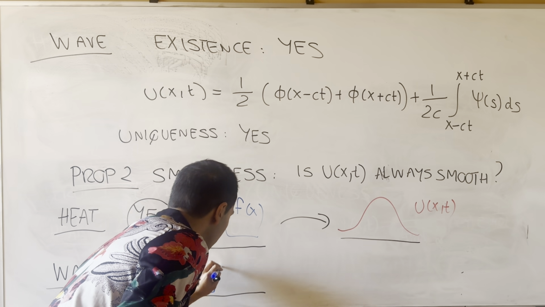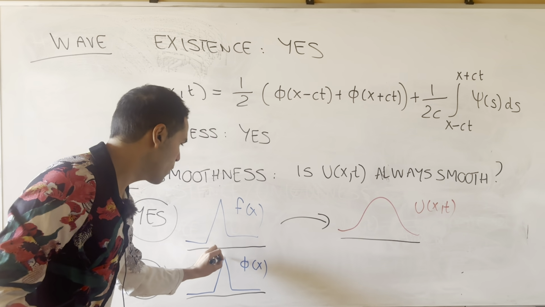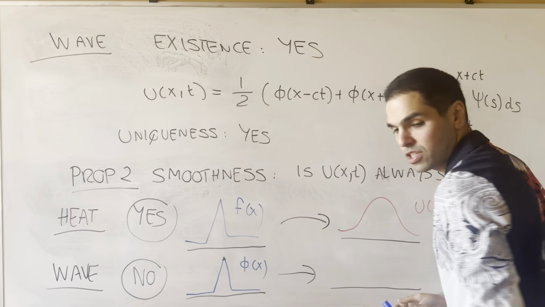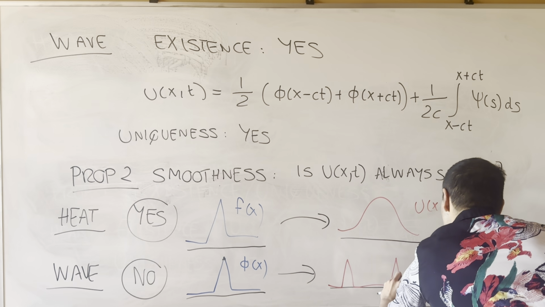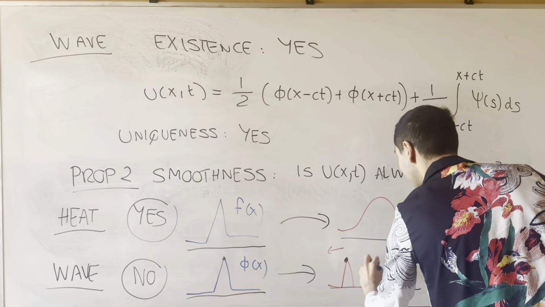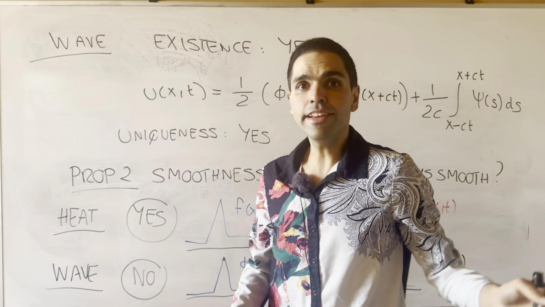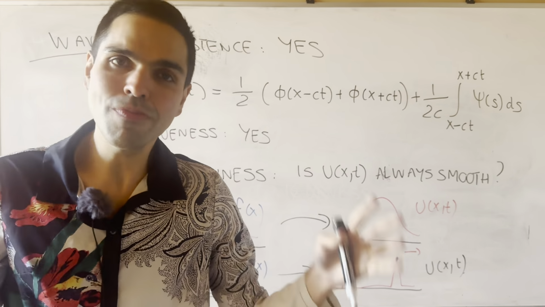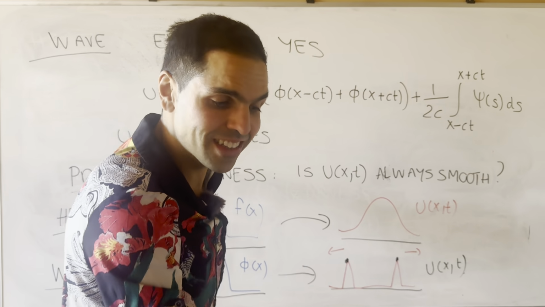So for instance, if phi(x) looks like this, where we have a corner here, then u(x,t), well, it splits into two, again one moving to the right, one moving to the left. And you can see that that kink is still here. So any non-differentiability still gets transported, which, in my opinion, is pretty bad. We do like smoothness a lot. Okay, so that was the second battle.